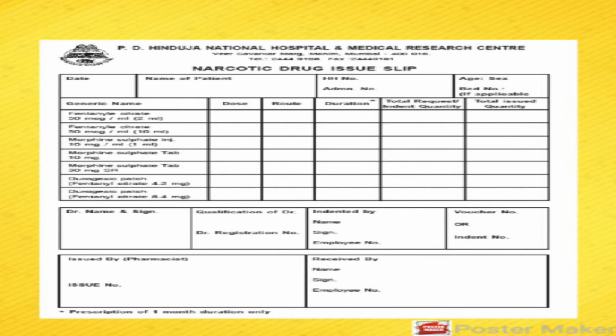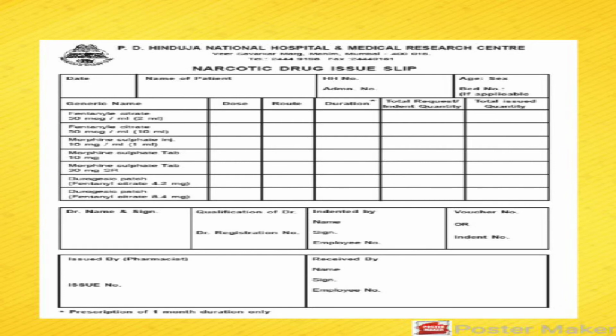Our checklist is name of the patient, admission number, HH number, voucher number, name of the drug, quantity to be dispensed, strength of the drug, name of the doctor, sign, registration number, then name of the nurse, employment number, then we make the entry. We sign with our stamp.